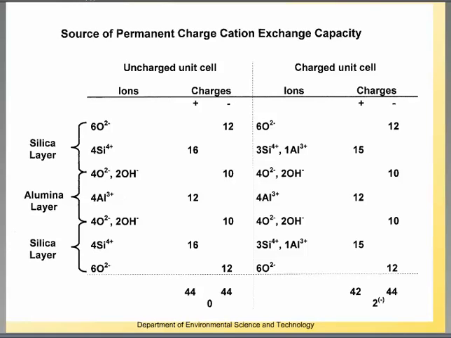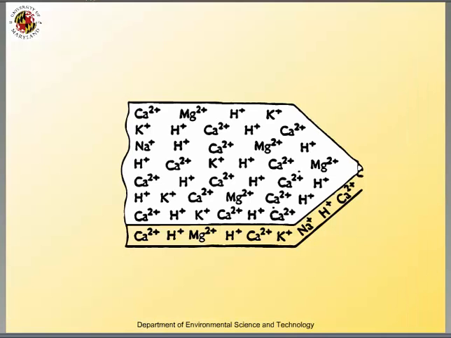Okay? The richer the environment in which a clay mineral forms, the higher the likelihood that there'll be some substitution in one of those 3 layers and that charge will develop. Permanent charge will develop. In fact, an actual clay mineral is made up of a huge number of unit cells. 10,000 maybe is a good example. And some of the unit cells have charge, some don't.